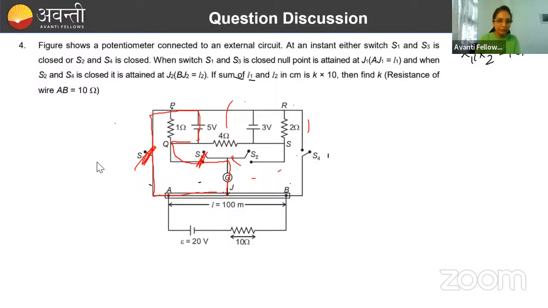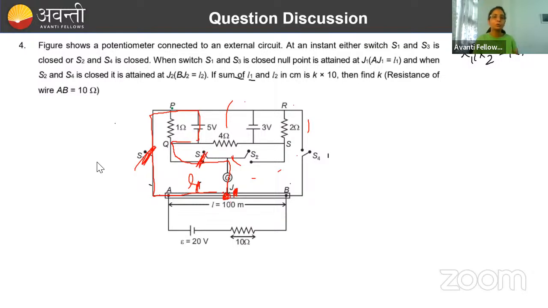Now suppose this point is J1, then the length AJ1 given is how much? L1. Now, what will be the potential drop across AJ1? This length AJ1 will have some potential drop, right? So how do we solve the potentiometer?